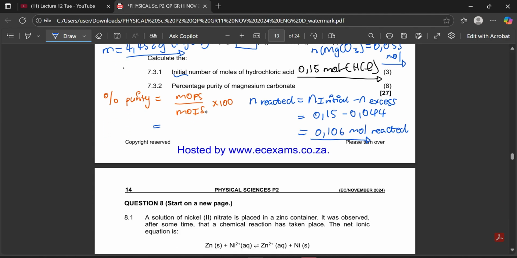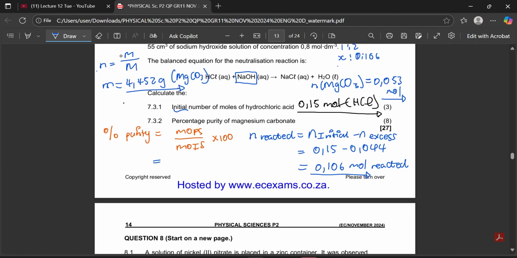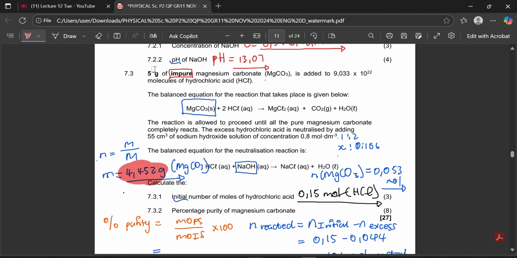So how do we then get the percentage purity? Now notice something: the pure mass is less than the impure mass, so we would expect our answer to work, right?